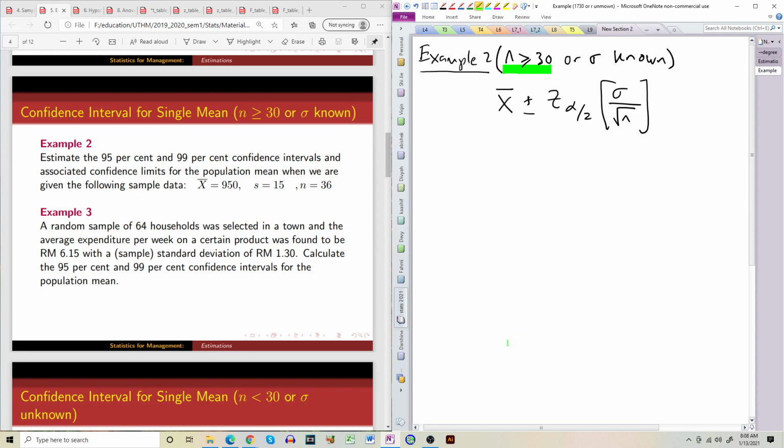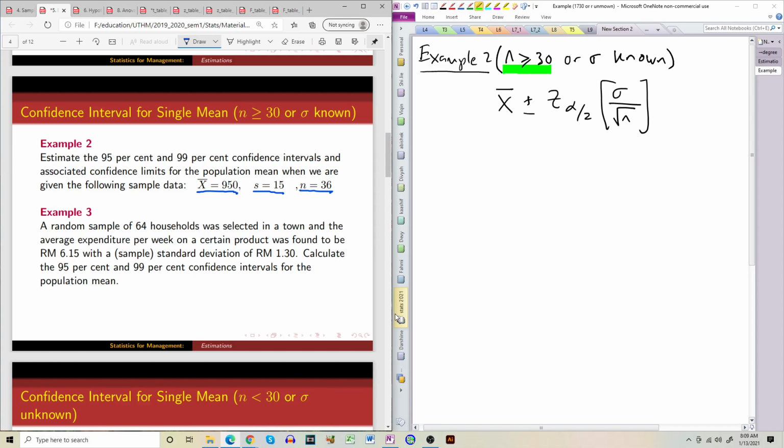Estimate the 95% and 99% confidence interval and associated confidence limit for the population mean when we are given the following sample data. So you are given x bar from the sample, you are given the standard deviation of the sample, you are given the number of samples.